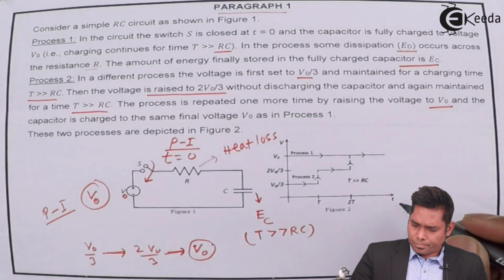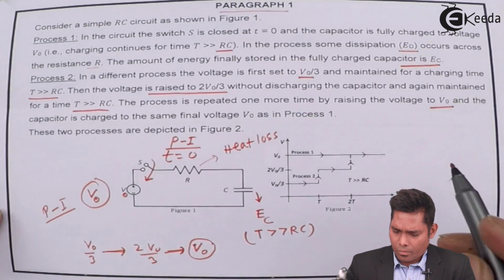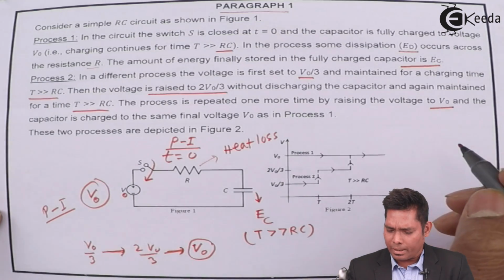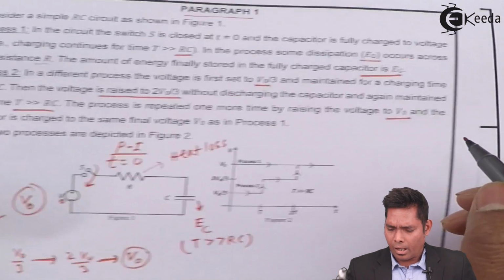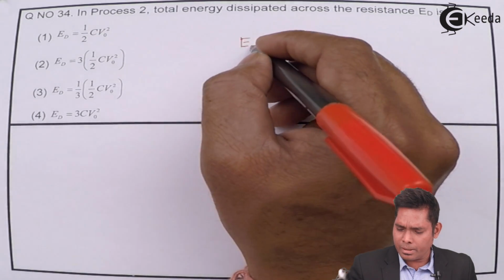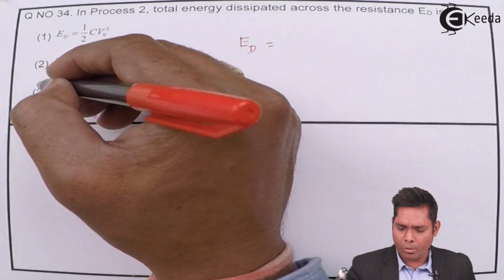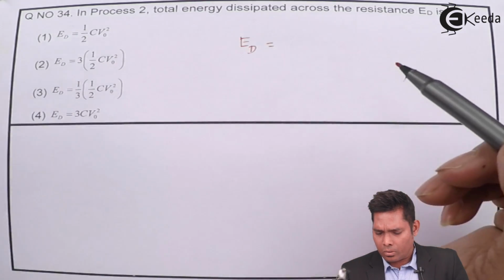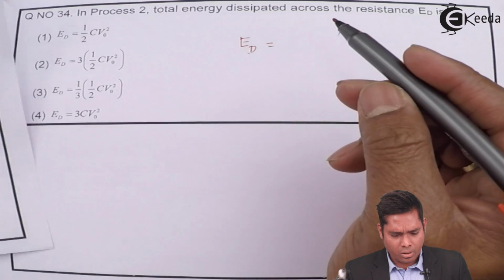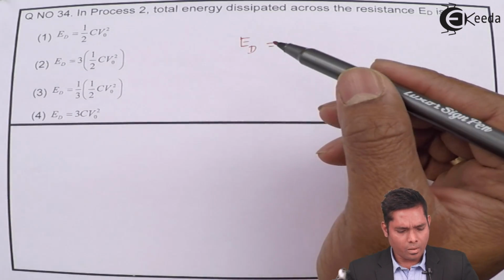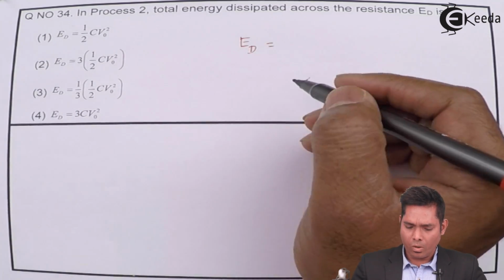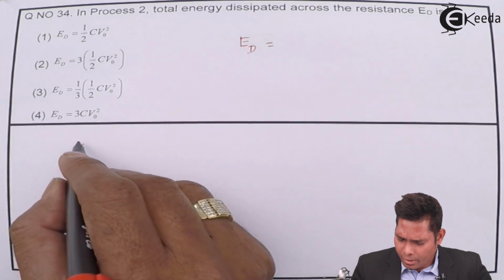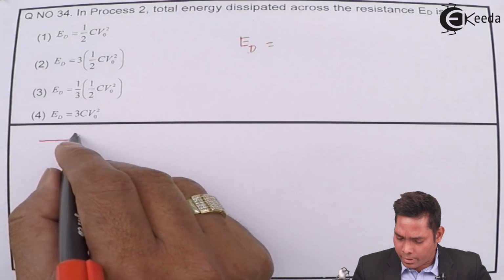Now we have to find the energy dissipated ED, and see which of the following options is correct. The energy dissipation in the circuit can be worked out with the help of a diagram.